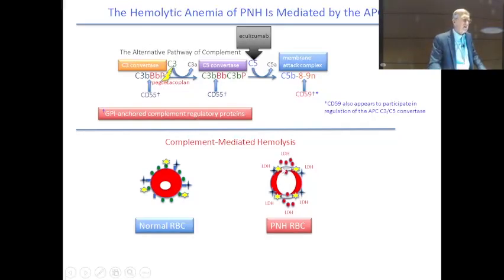As a result, the cells undergo osmotic lysis from pore formation by the membrane attack complex of complement. When these cells lyse, they release hemoglobin out into the plasma, as well as LDH, lactate dehydrogenase. And these can become important markers for hemolysis in PNH.